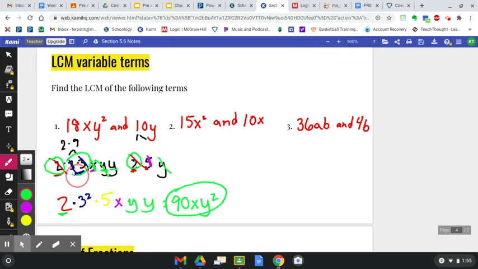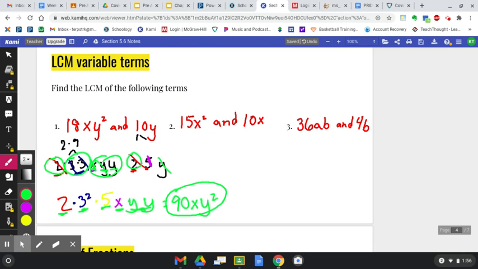There were 2 3s, that was the most. There was 1 5, that was the most. There was 1x, that was the most. And then there were 2 y's on this side, that was the most. So we keep using this term least common multiple, and then when we find it, we're actually taking the most of whatever the prime factors are.